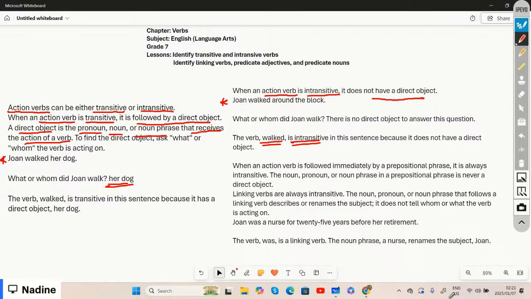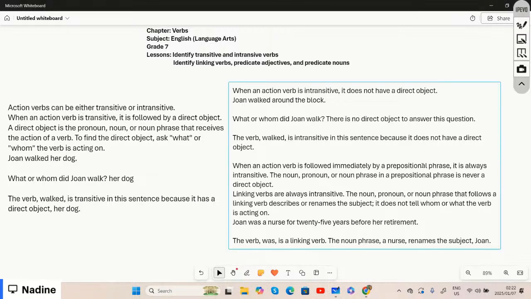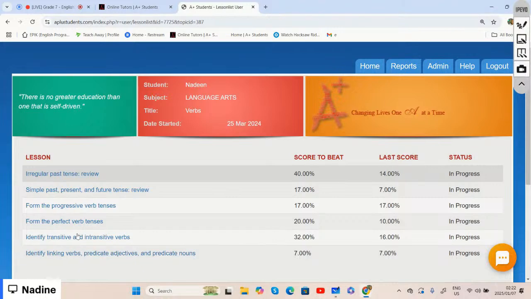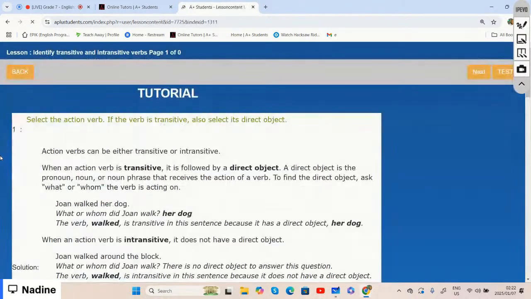All right, so now we're going to aplusstudents.ca and we're going to identify transitive and intransitive verbs. We're also going to identify linking verbs, predicate adjectives, as well as predicate nouns. First we're going to identify transitive and intransitive verbs.